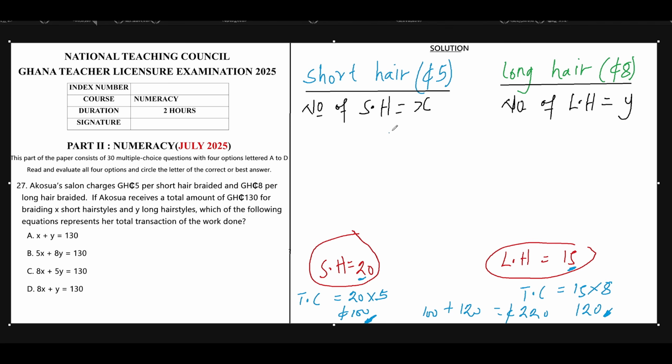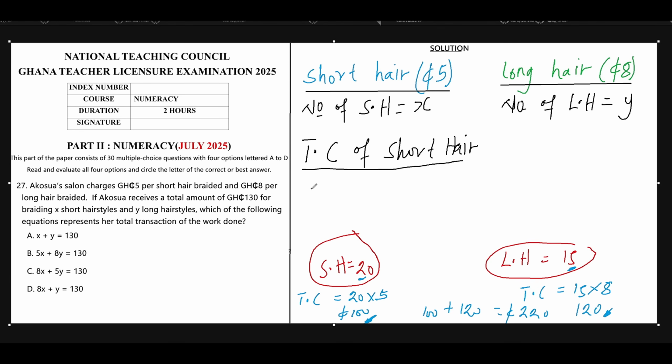But since we don't know the exact number of short hairs braided, and we want to find out the total cost of short hair, per the analysis that we did, we just have to multiply the number of short hairs braided by the cost of a short hair.